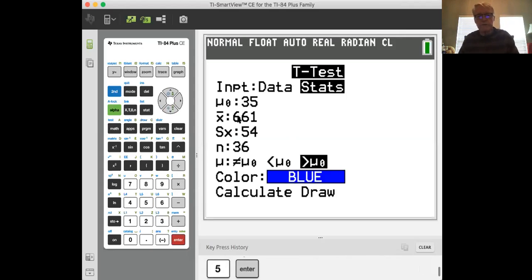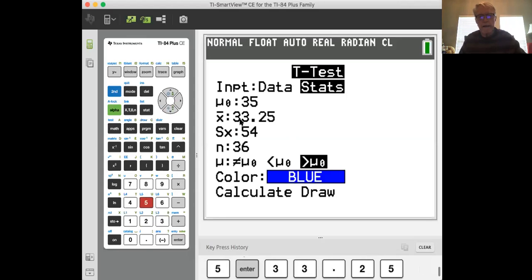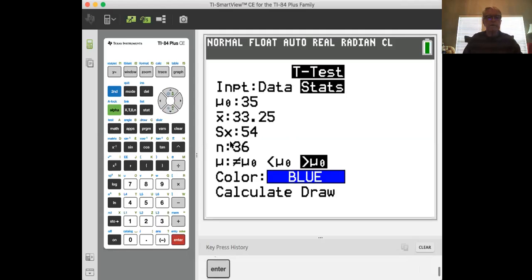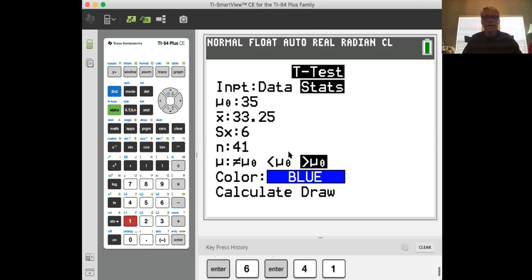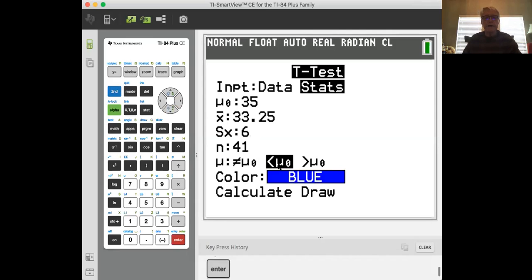And x bar was 33.25. And the standard deviation was 6, and the sample size was 41. And the alternate hypothesis was less than, and then we hit calculate.